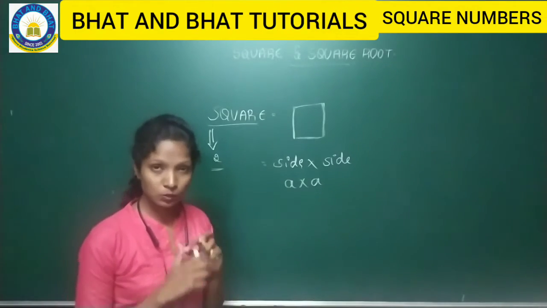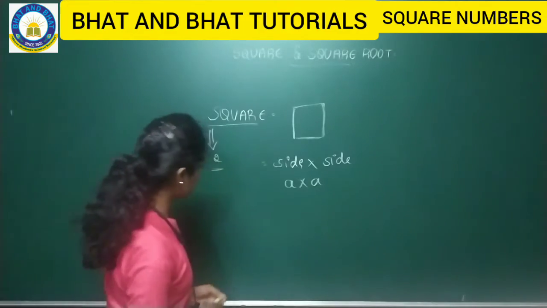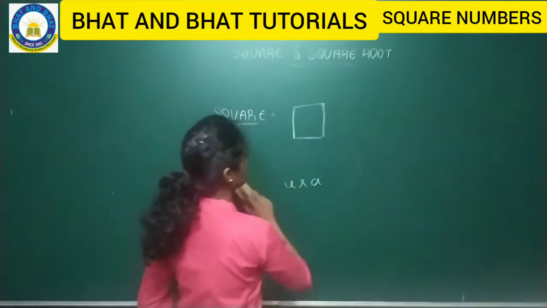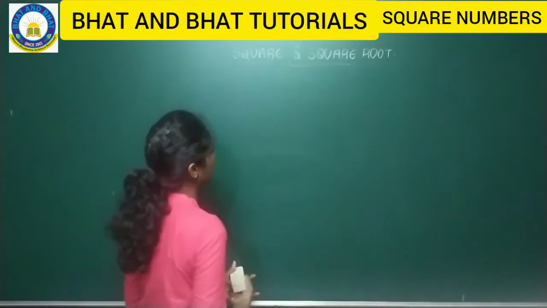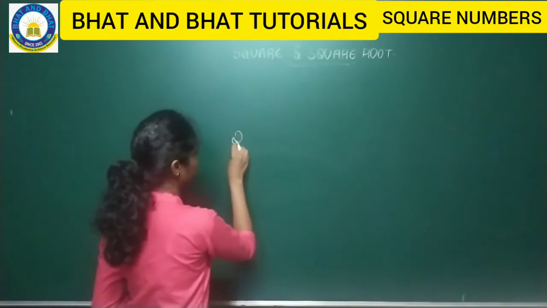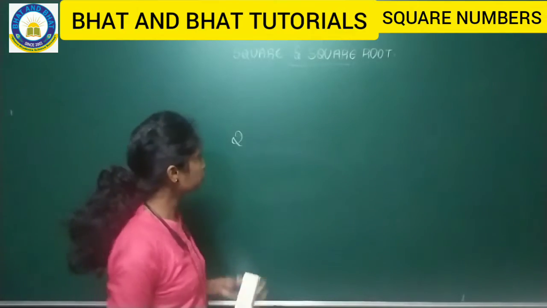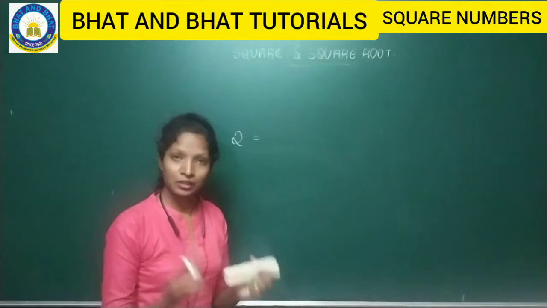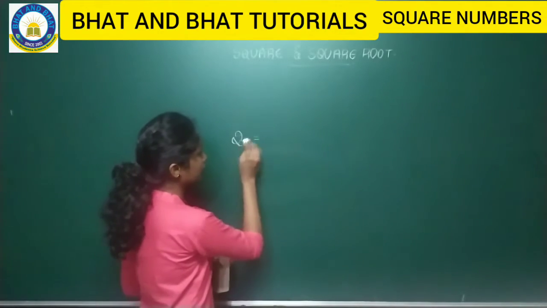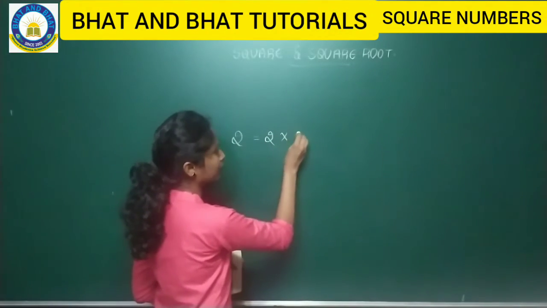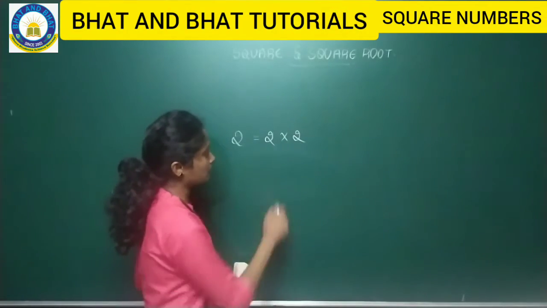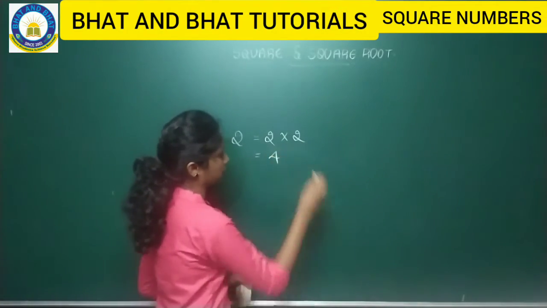So then what is square exactly? Say for example, I have one number, and the number is 2. When a number is multiplied by the same number, you are going to get one number.